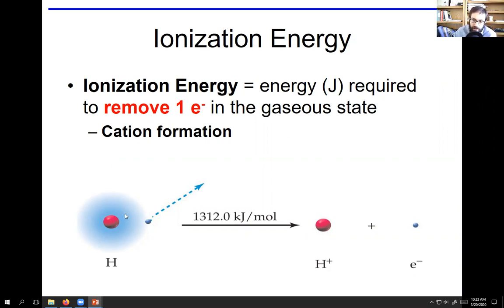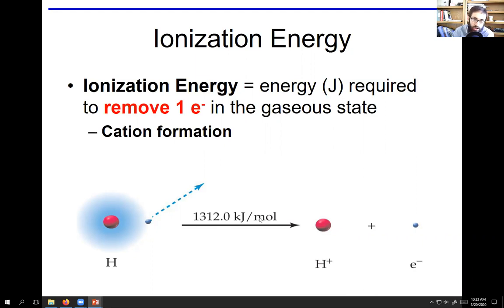For example, you take hydrogen, you remove an electron, and you get a positively charged hydrogen ion, a hydrogen cation, and a negatively charged electron. That takes a certain amount of energy to split the ion from the electron.